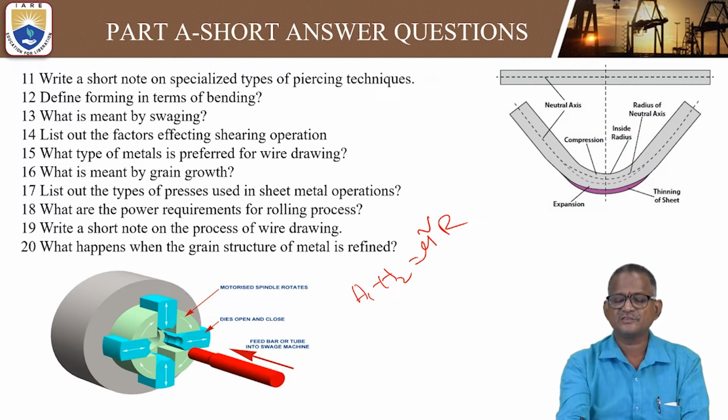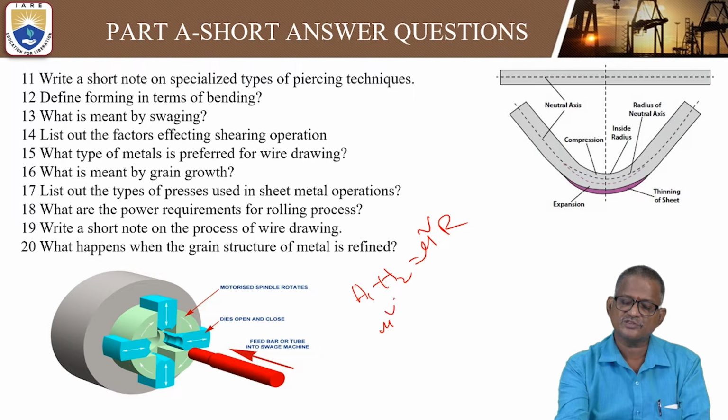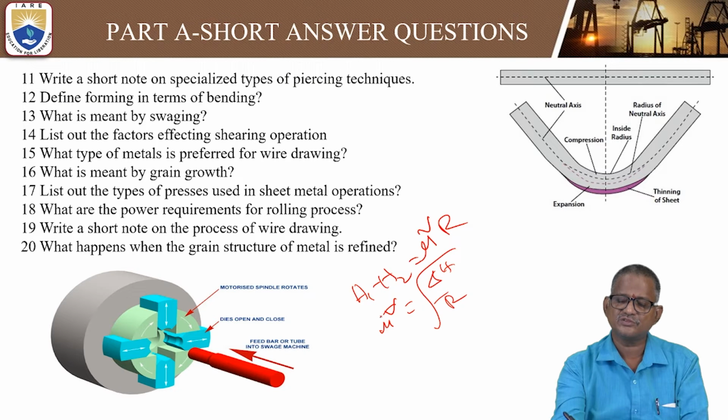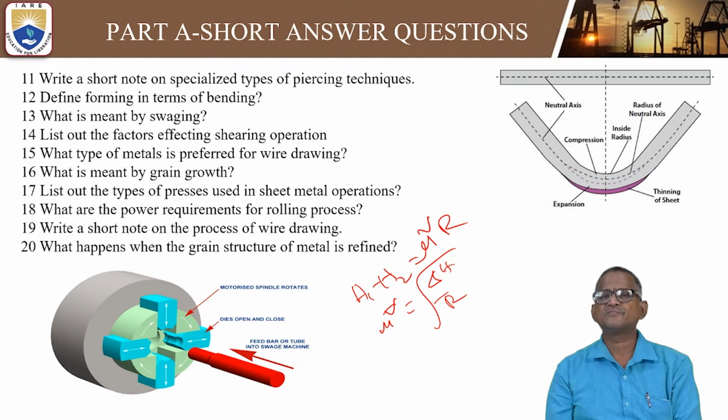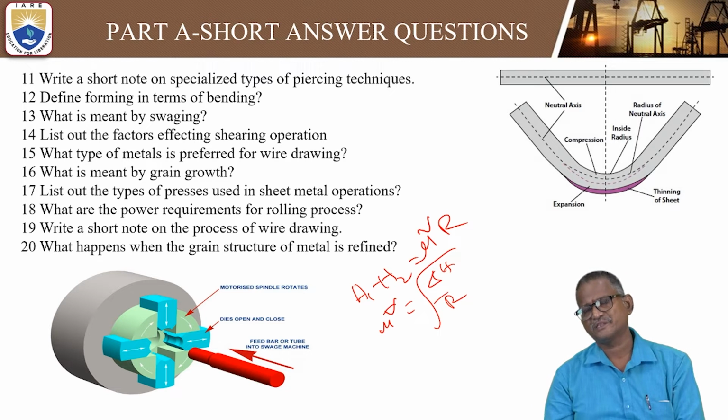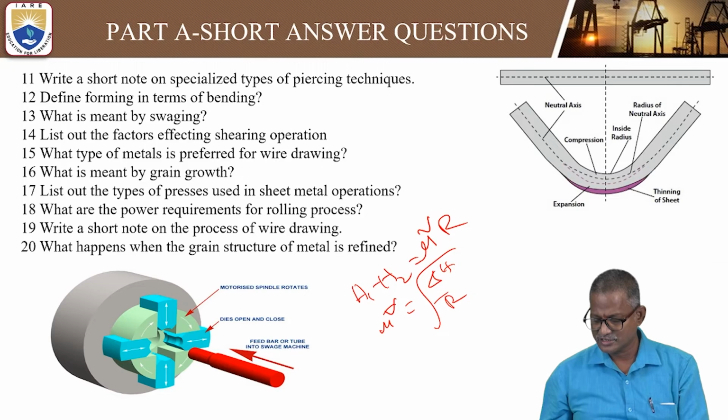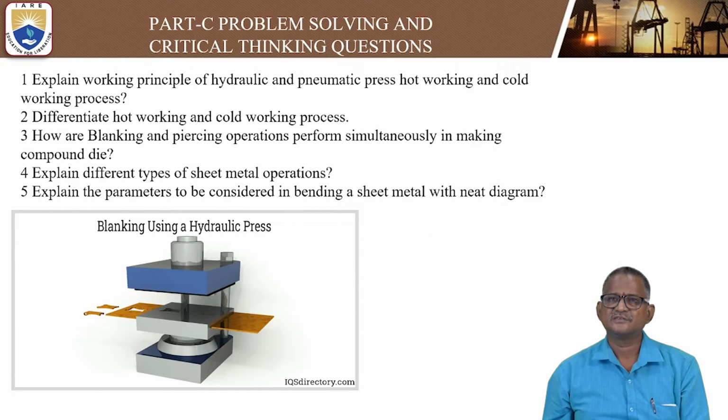Sometimes they ask you to find the coefficient of friction: mu square is equal to delta H by R, then mu is equal to the square root of delta H by R. Like that there are relations and problems, so that you can calculate force and pressure. Okay.